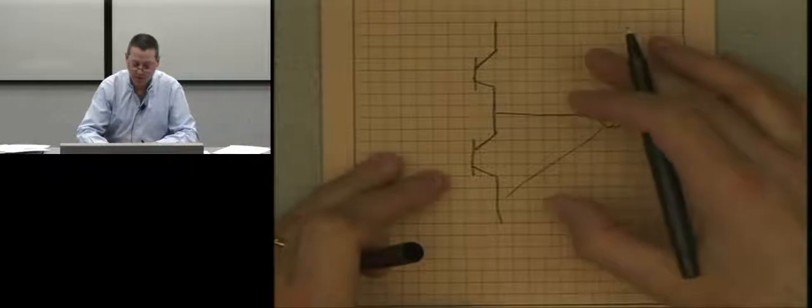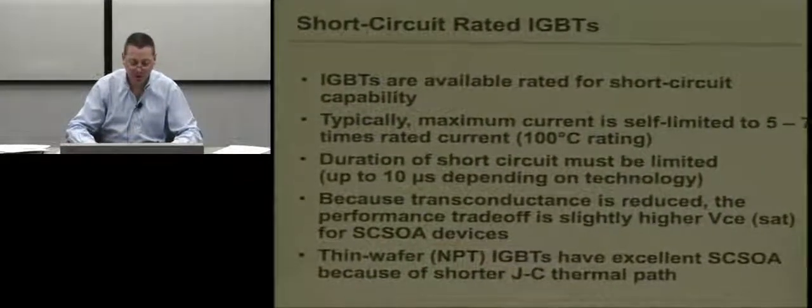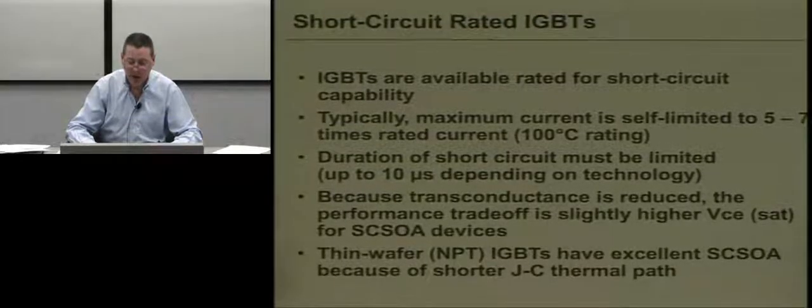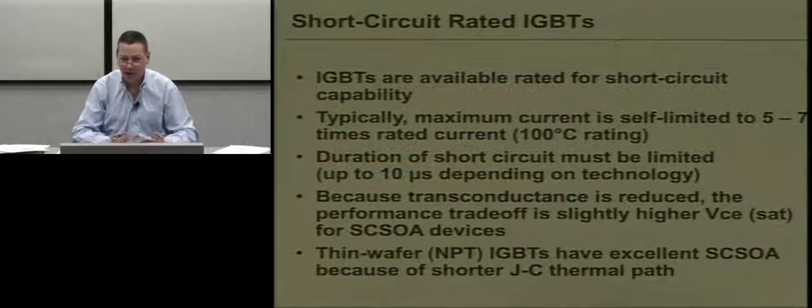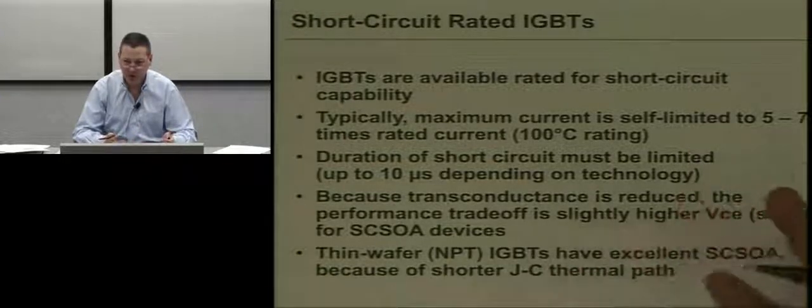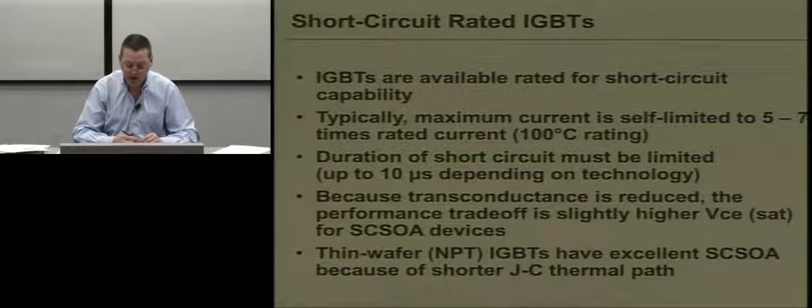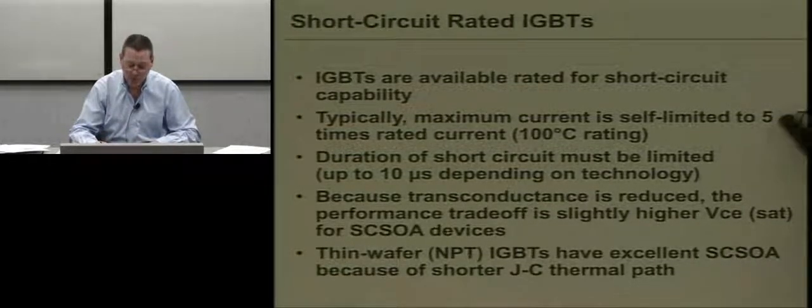So in any application where you don't necessarily have this inductor between the output of the voltage source inverter and the real world, you need to have short circuit capability. The way it works is that the gain of the PNP and the on resistance of the FET are scaled so that the maximum current is limited, and it's somewhere in the range of about 5 times the rated current.